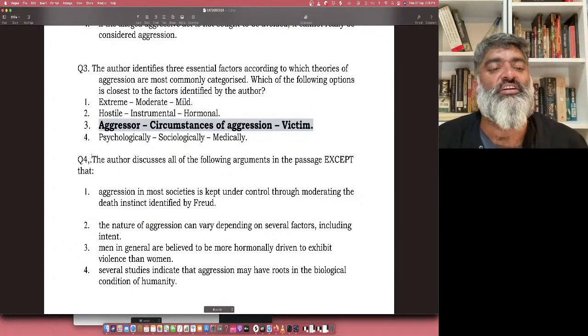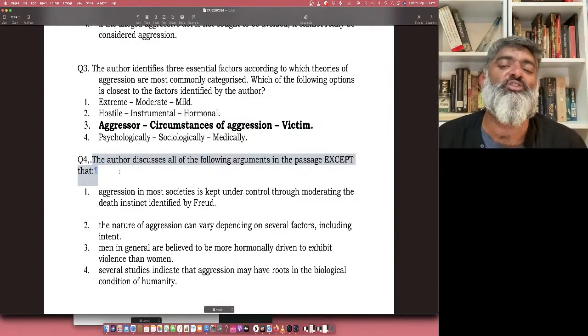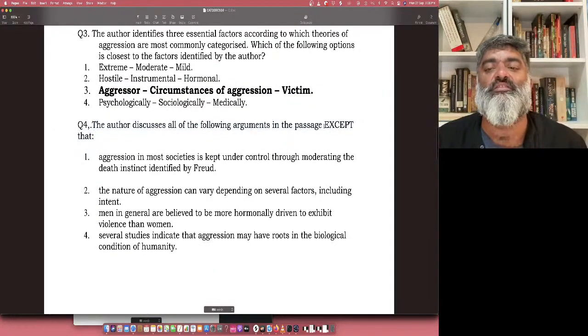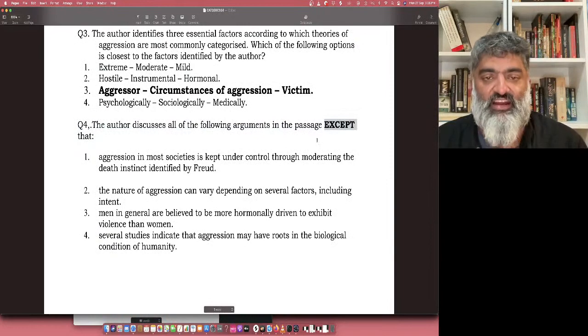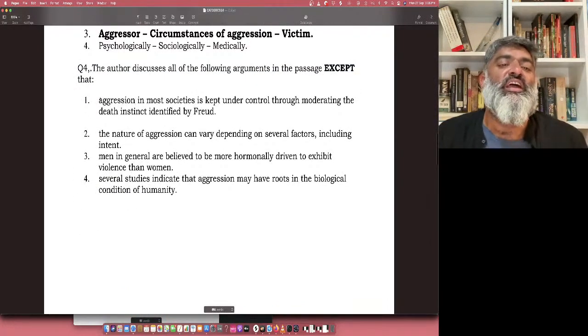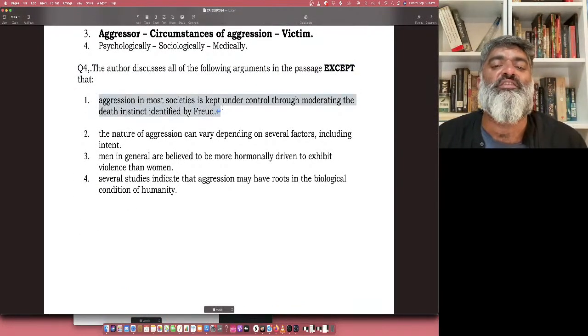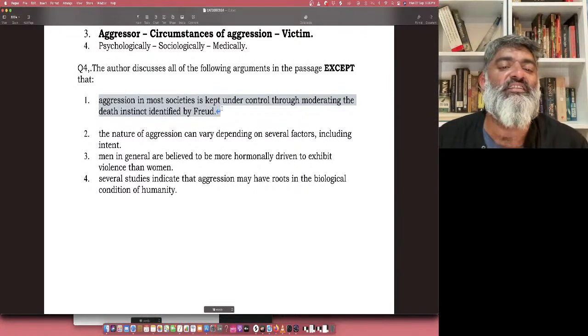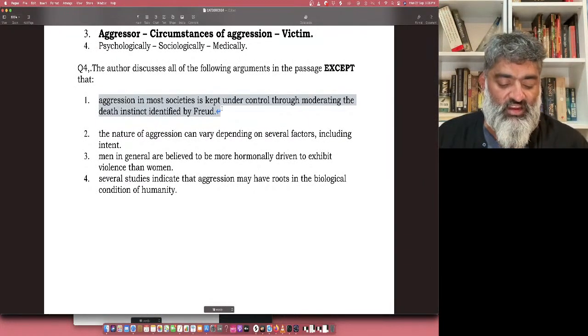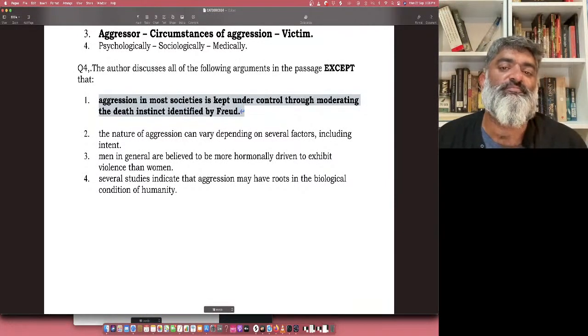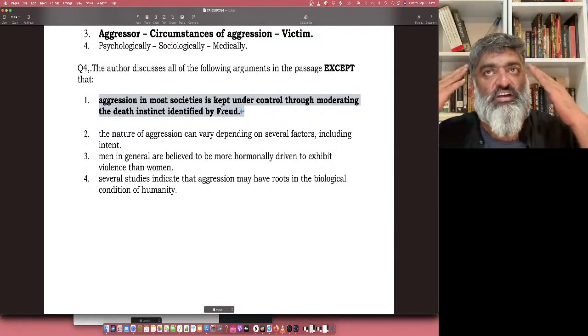Last question. The author discusses all of the following arguments in the passage except. Because it's an except, I'll have to check all of the options. Aggression in most societies is kept under control through moderating the death instinct identified by Freud. I think this is the answer. Why? Because I have clarity.